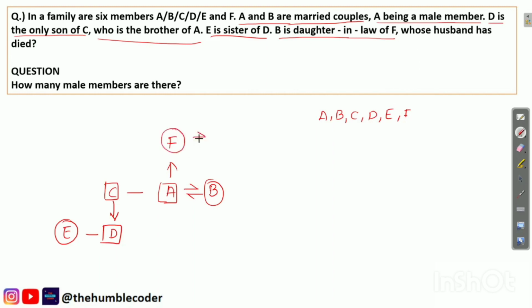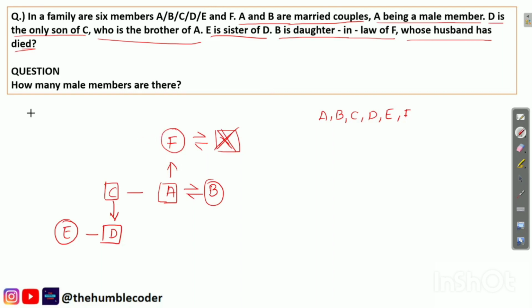So here we can mark a cross, and this is a male member. Okay, so this statement is given to us so that we can find out the gender of F, right? Otherwise, if it had not been mentioned that F's husband has died, we would not know the gender of F. So this statement is only for knowing the gender of F.